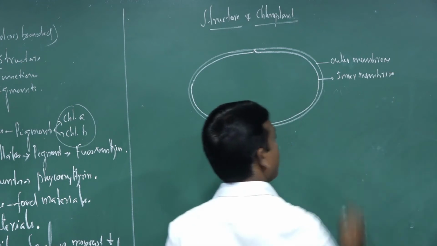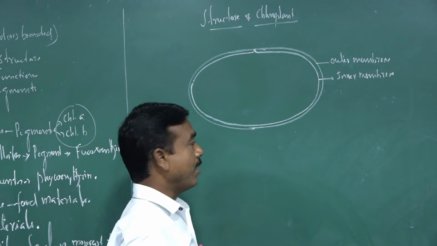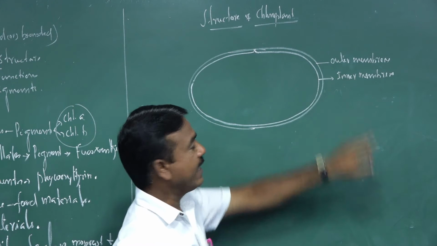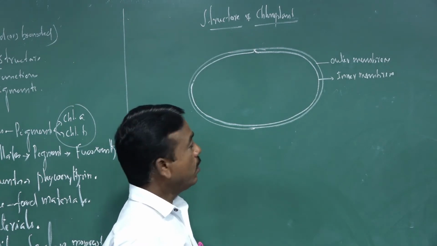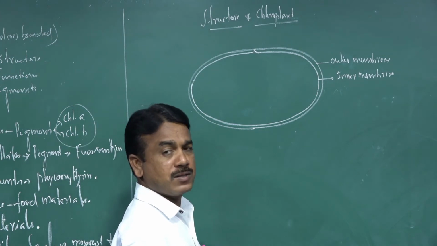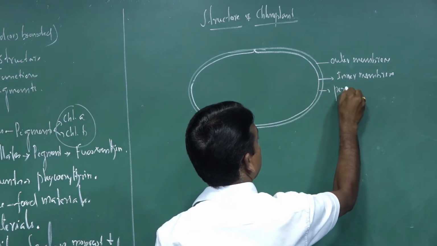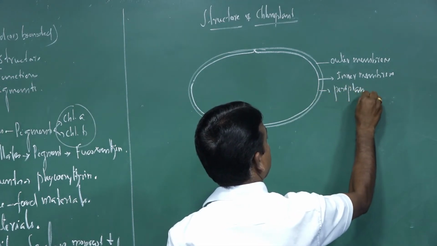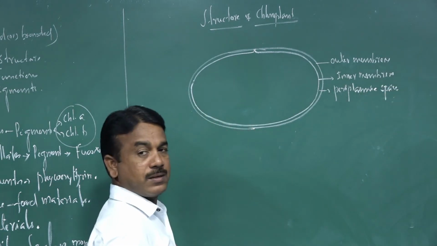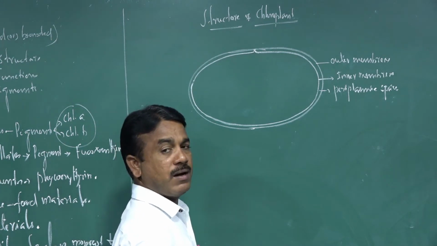So we say chloroplast is a membrane-bound organelle, because it possesses two kinds of membrane. The space that separates the outer membrane and inner membrane is commonly called the periplasmic space.